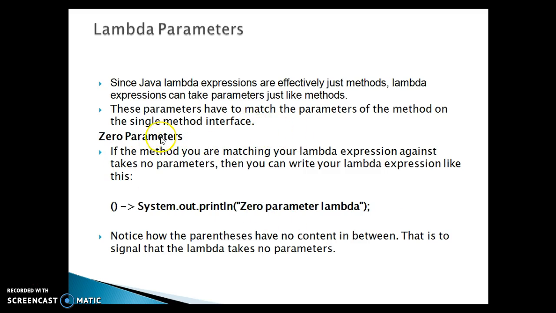These parameters have to match the parameters of the method on the single method interface. Now you can have zero parameters. If the method you are matching your lambda expression against takes no parameters, then you can write your lambda expression like this.